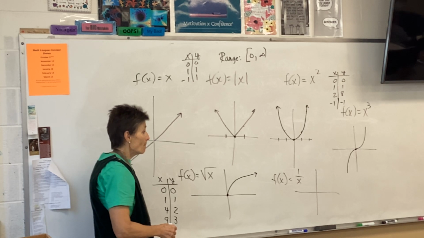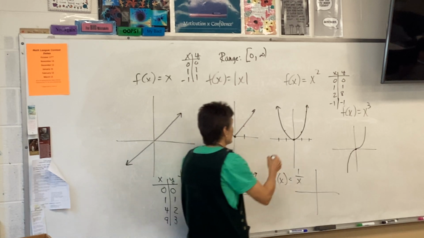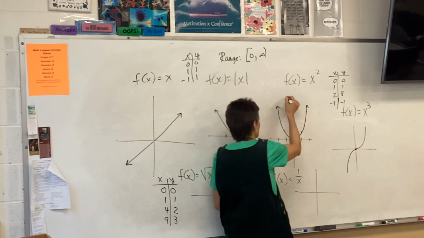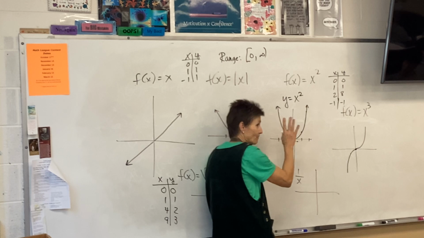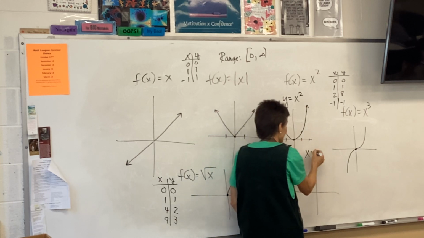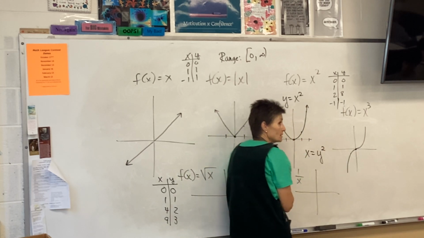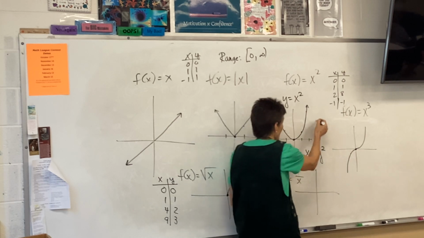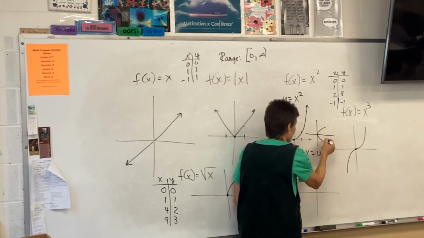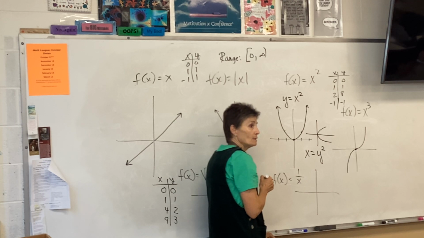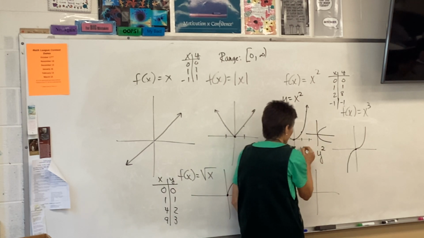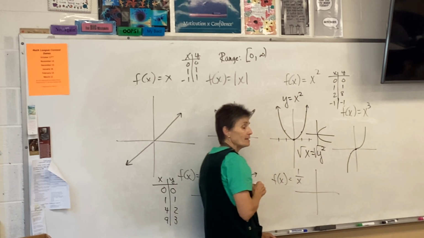By the way, this equation is y equals x squared. Its inverse would be x equals y squared. X equals y squared is a parabola that opens sideways. If I take the square root of both sides, what does that say?